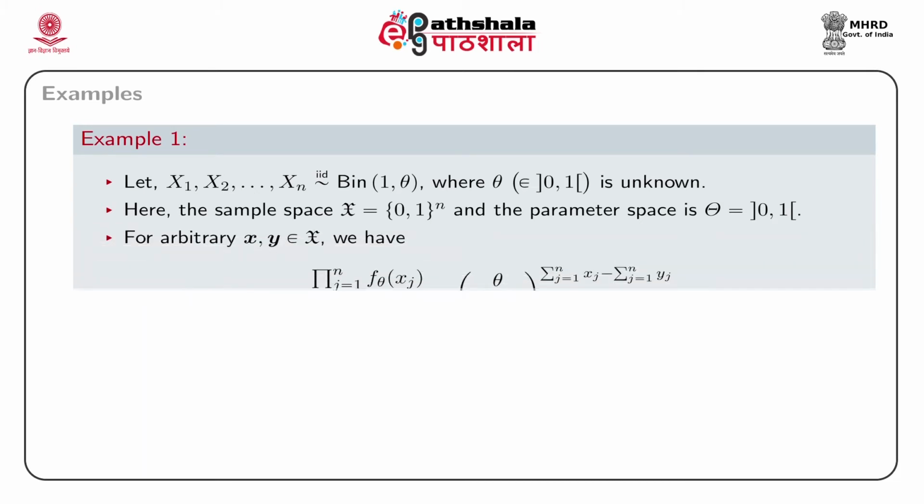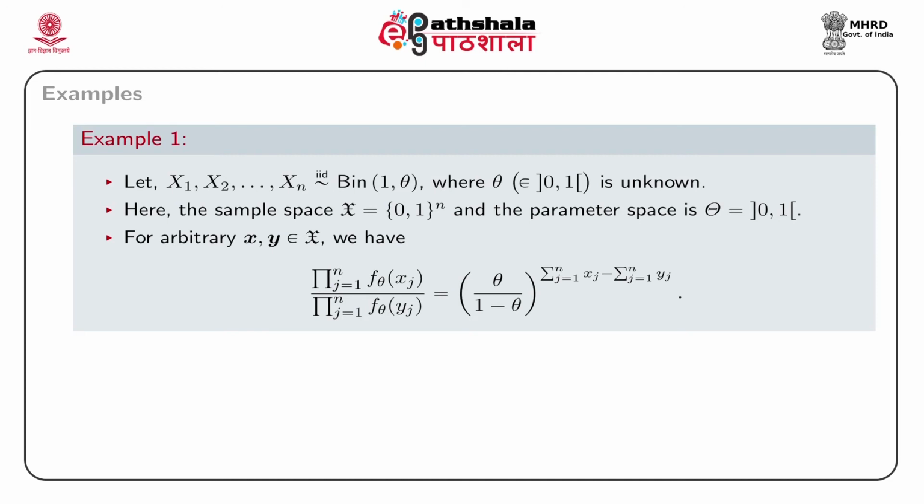Then, for two arbitrary sample points, x = (x_1, x_2, ..., x_n) and y = (y_1, y_2, ..., y_n), both from script X, we have the product over i from 1 to n of f_θ(x_i) divided by the product over i from 1 to n of f_θ(y_i). This equals the product over i from 1 to n of p to the power x_i into (1 - p) to the power (1 - x_i) divided by the product over i from 1 to n of p to the power y_i into (1 - p) to the power (1 - y_i).